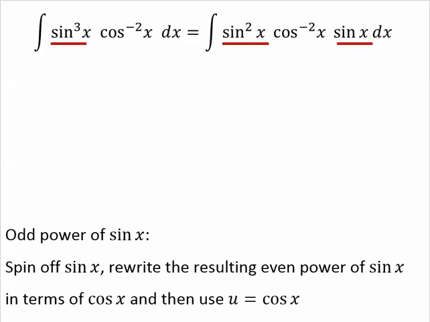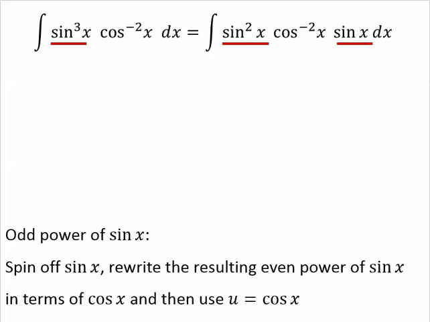So instead of sine to the 3rd, I have sine squared times sine. Notice that I moved the sine that I spun off over next to the dx, because just as we saw before, that sine x is going to be part of my du.